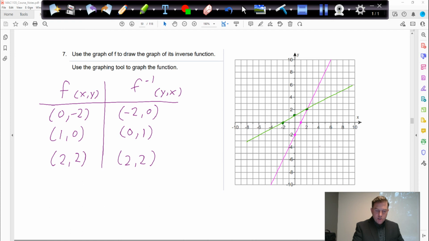But this is where I wanted to show you again that line y equals x. So there's a line y equals x that looks like this.